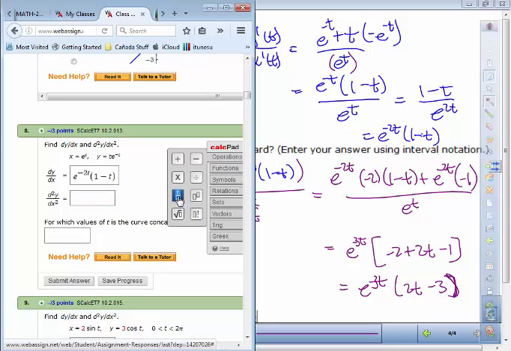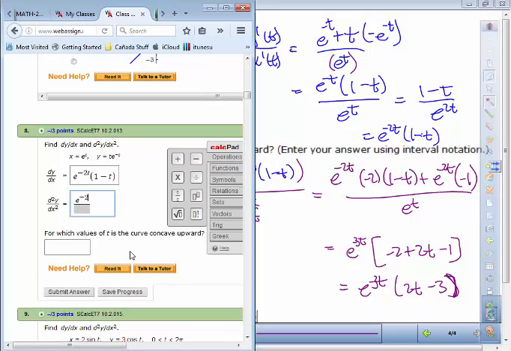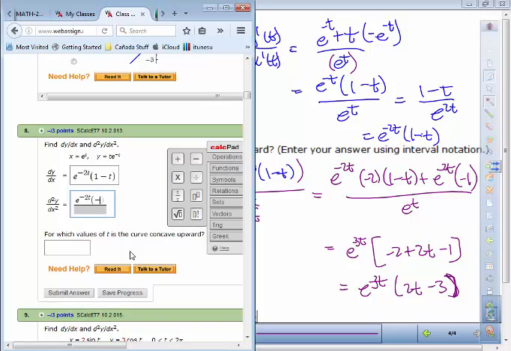All right, so let's see how complicated this is. e raised to the negative 2t times negative 2, 1 minus t, plus e to the negative 2t times negative 1, and then we divide by e to the t.